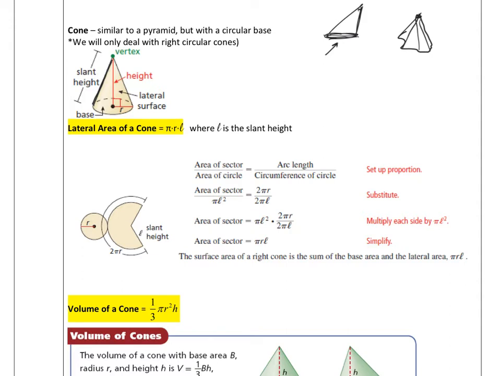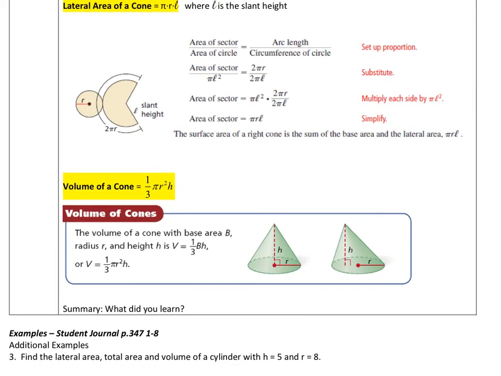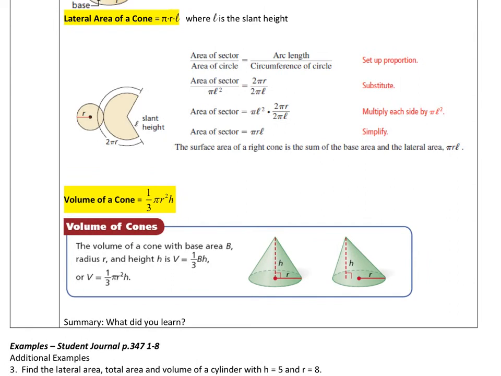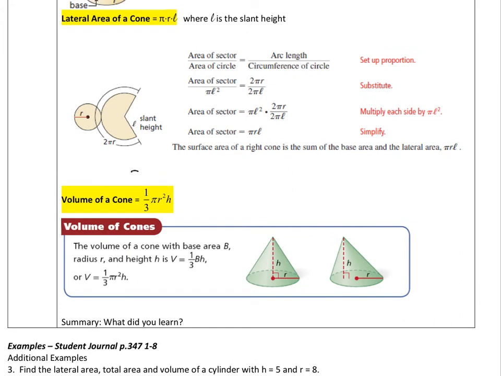Okay, then the next thing we can find is the volume of a cone. So the volume of a cone is 1/3 times pi times r squared times the height. It's similar to the pyramids in that it has this 1/3 right there. And it's the same reasoning as we talked about with pyramids.